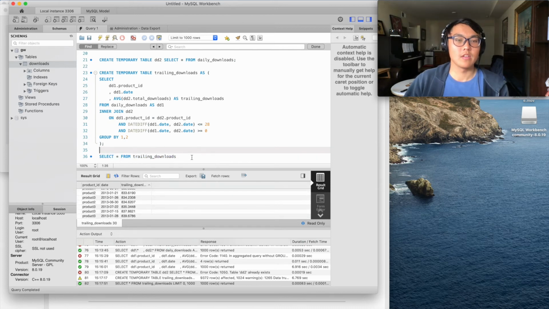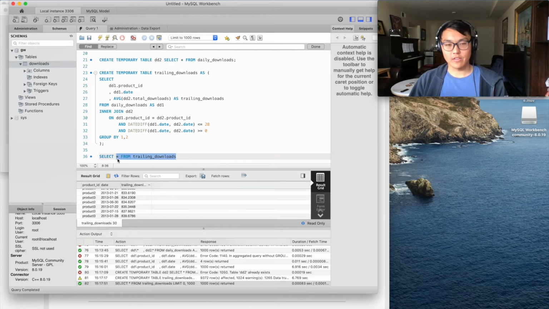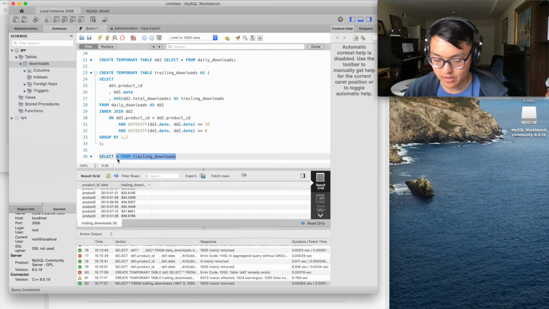Okay. So now finally we have to do the year over year. We've gone this far, and now we have to look at how we calculate the year over year metric. So effectively, this is going to be pretty similar to the join that we did in the previous one, right?